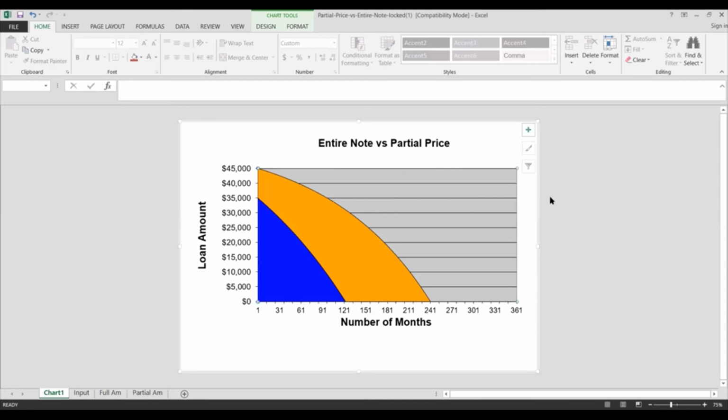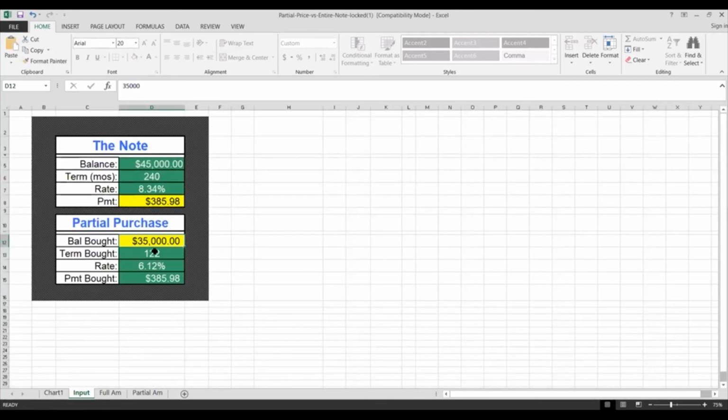This is a way in which you're able to leverage the money that you do have. Say you've only got 50,000 to invest, you've purchased a note for 45,000. You sold 122 payments to get 35,000 back of that.